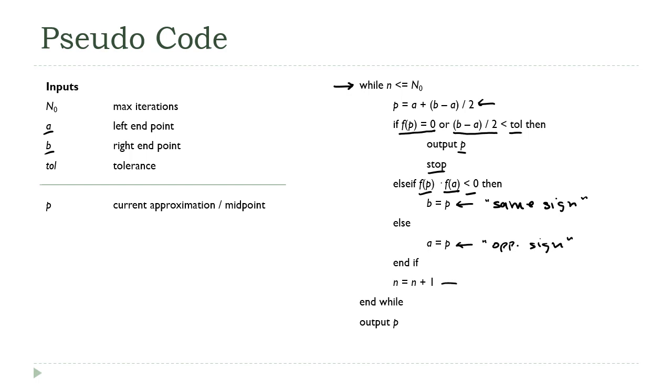We increment the counter, so we know we've completed another circuit through this loop, and we go back to the top, and the whole thing repeats. In the end, we output that midpoint. That actually is a fairly brave statement right there, just outputting the endpoint. We'll talk about that more in the next lecture, so you see exactly what's going on there.